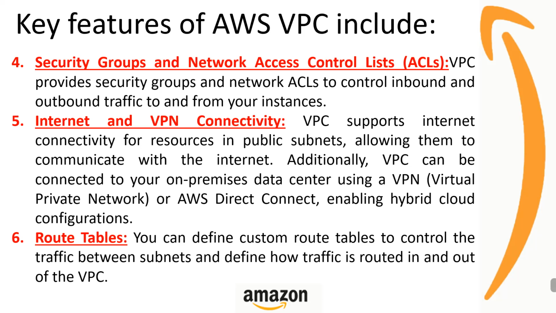And NACL, network access control list, is also like this. We have to whitelist the port. You can see in the security group we have inbound and outbound rules, and in NACL also there are inbound and outbound rules.